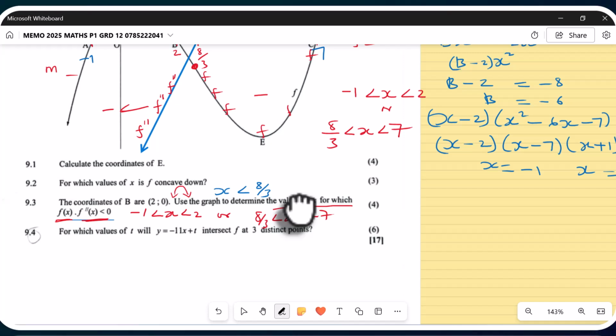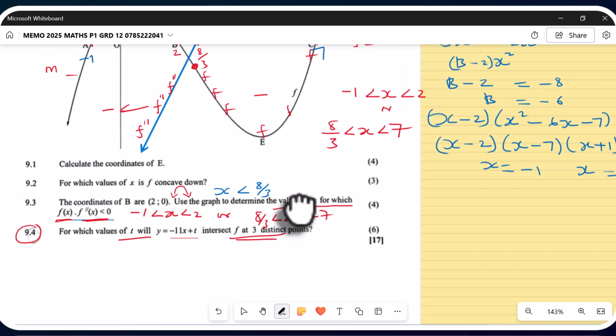This line has got a negative gradient and a positive intercept, intersecting the cubic function at 3 different points. If you check what we have here, this is the function f of x.